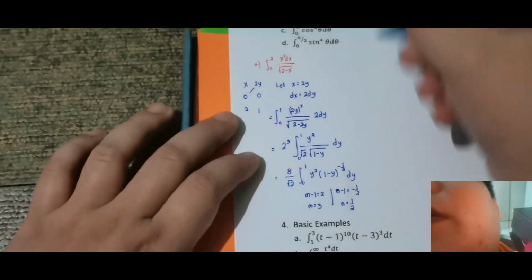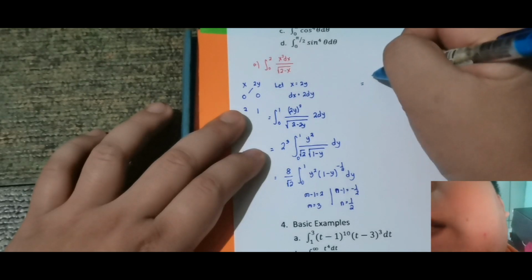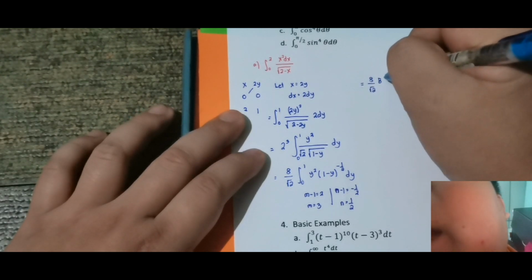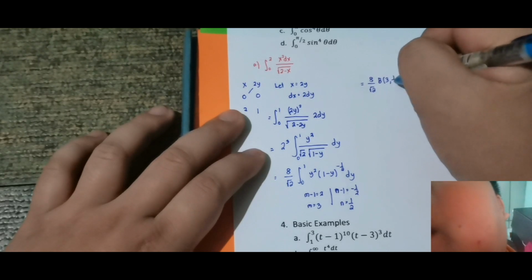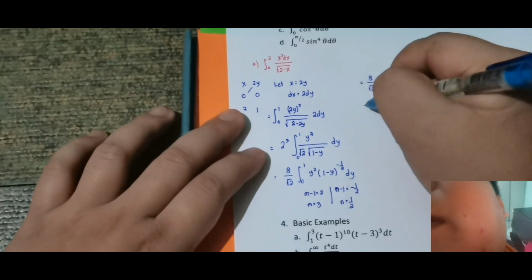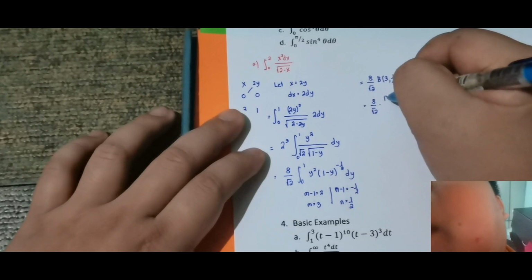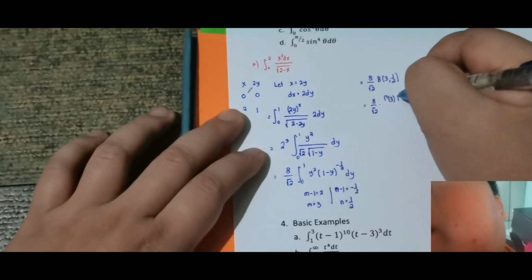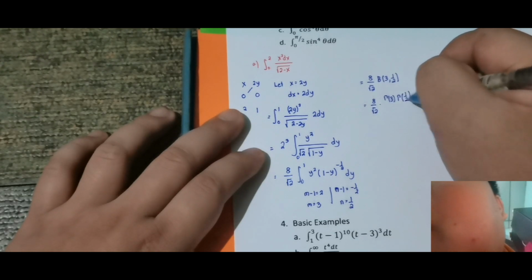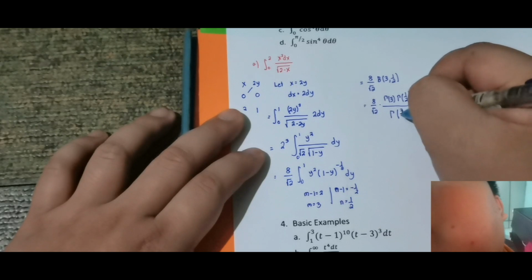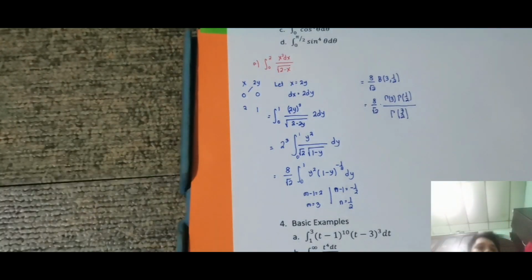Okay, so therefore, this is just equivalent sa 8 over square root of 2 beta ng 3, 1 half. Okay, so this is just equal sa 8 over square root of 2 multiplied by gamma of 3 then gamma of 1 half, tapos gamma ng 7 over 2. Okay, so yun pa yung mga mahihirap na part.